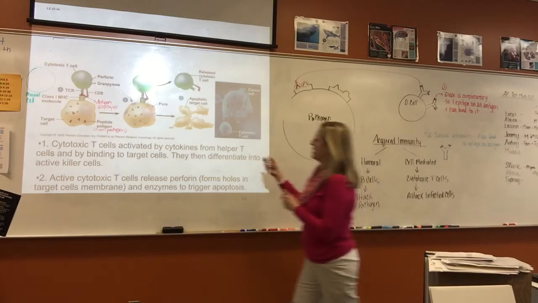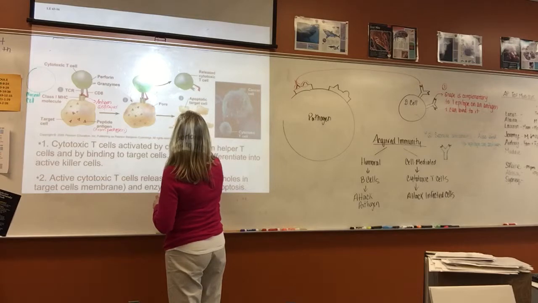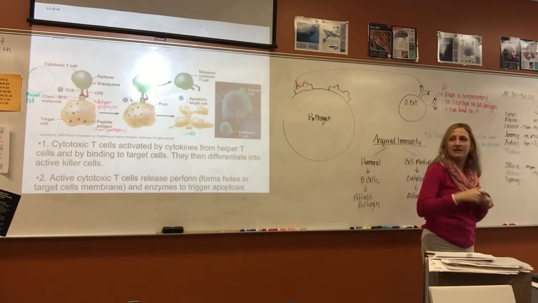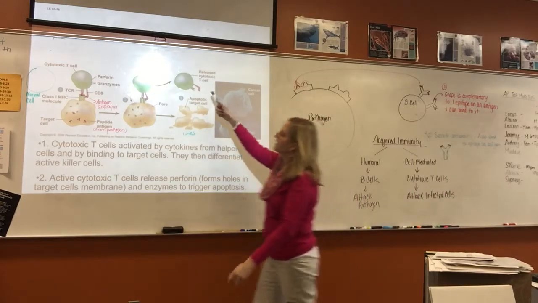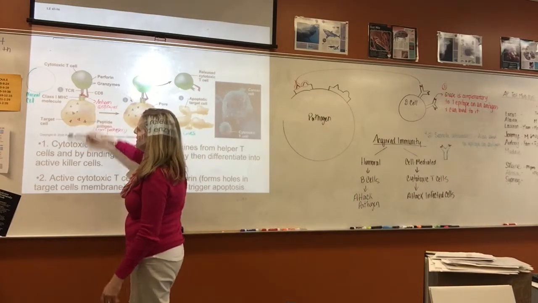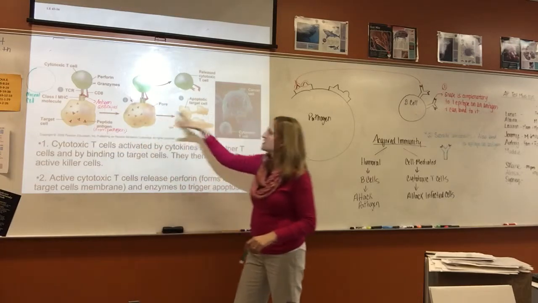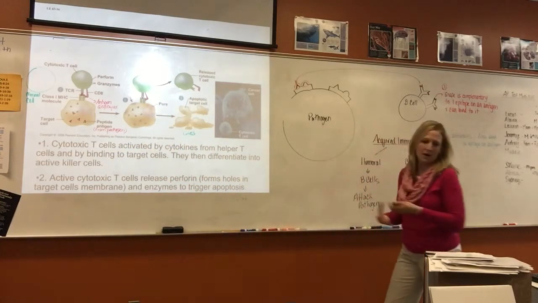And so this cell here dies, and the cytotoxic T cell is released unharmed, and then that cytotoxic T cell can then be triggered by binding to go find another infected cell and bind to it and kill it off, and so on and so forth.